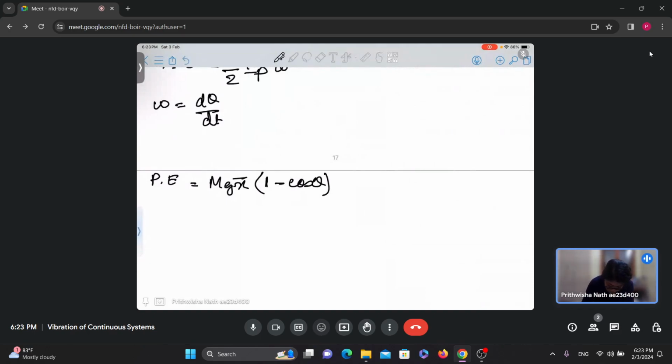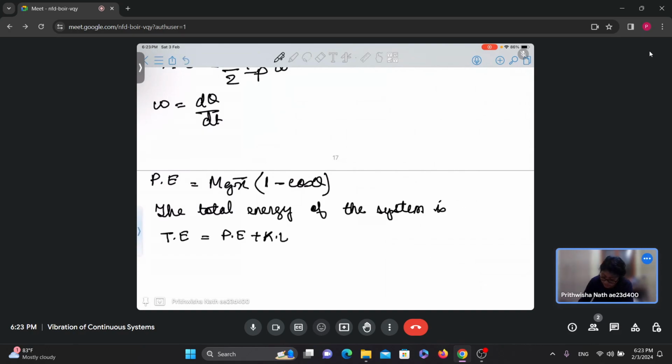Therefore, the total energy of the system is constant.